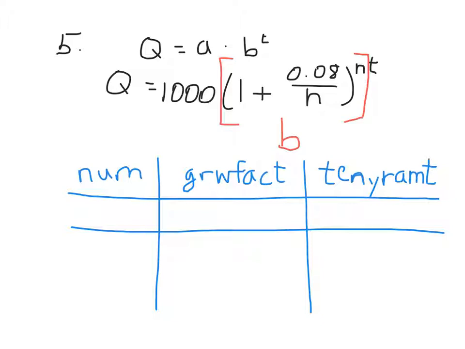In other words, your formula here could be equals 1,000 times, and then spell out grow fact, or get that from the vars button, right? It's kind of hard for me to write it here. I've got a poor stylus, but grow fact, and then you're going to raise that to the num times 10 power right here, but I've run out of space to write that in there.